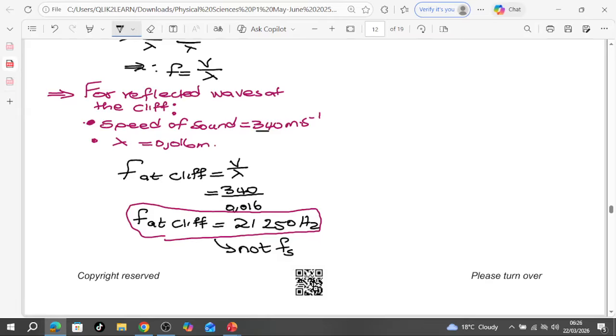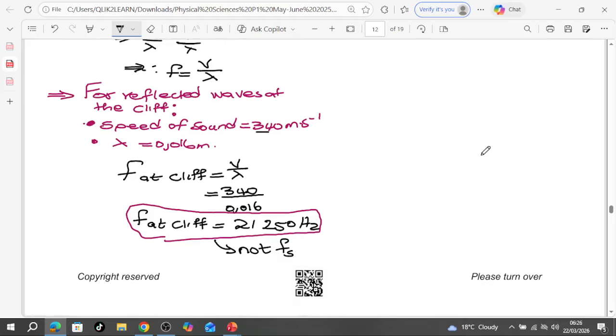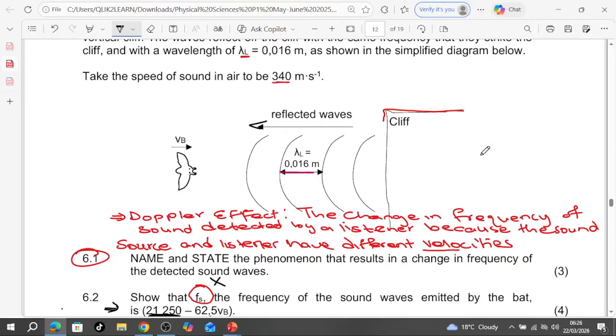Okay, so now I'm going to write it down. Let's look at the problem. What is going on here? We have the source that is moving. This is my source, and my source is moving.